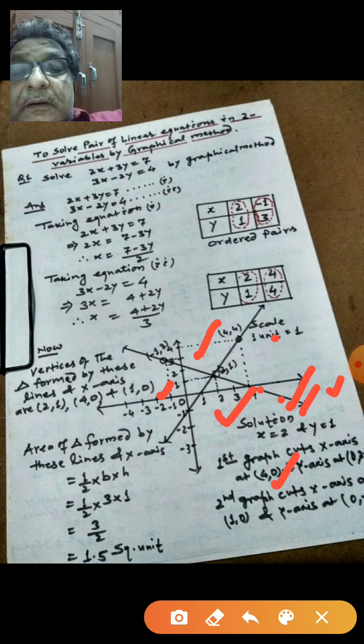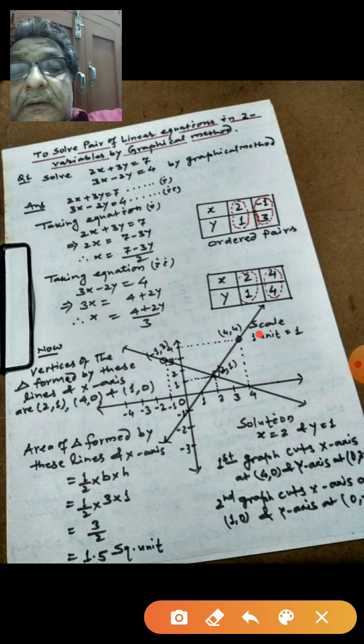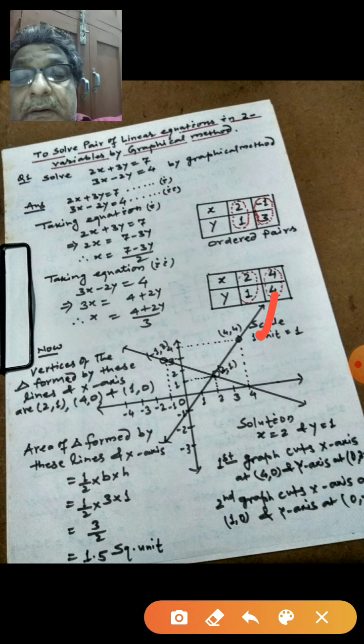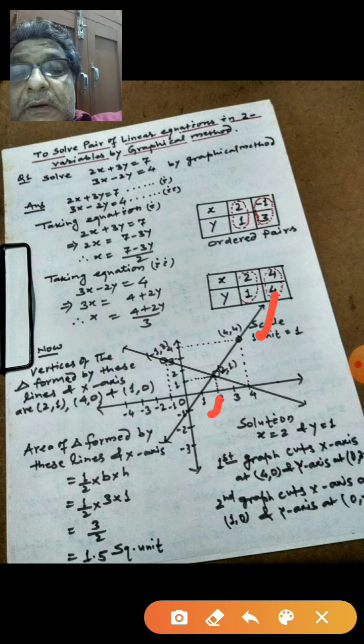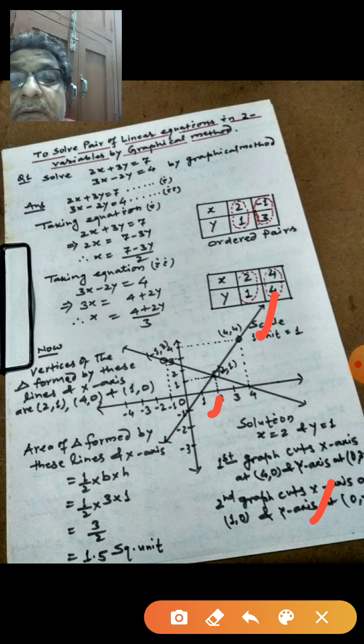Similarly, the graph for the second equation, this one, cuts the x-axis at point 1, that is, in coordinate form, 1 comma 0, and the y-axis at 0 comma minus 1. So this is one tail question.